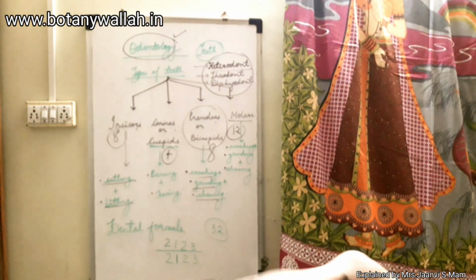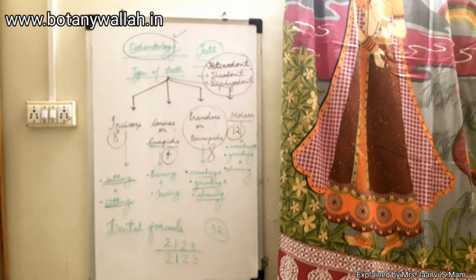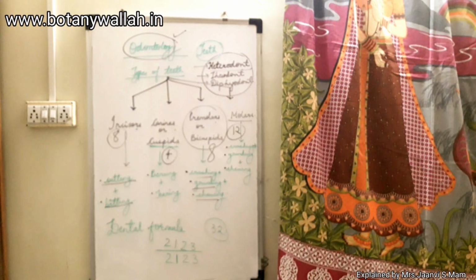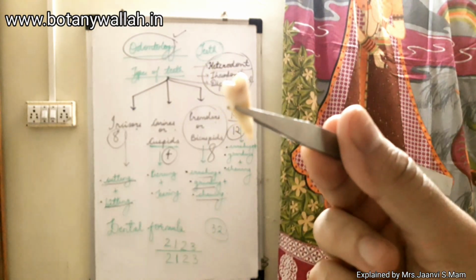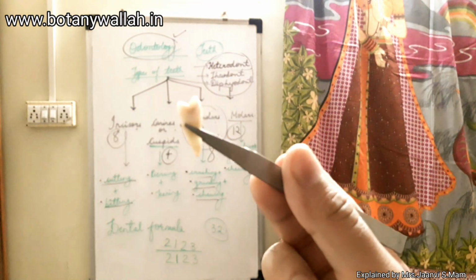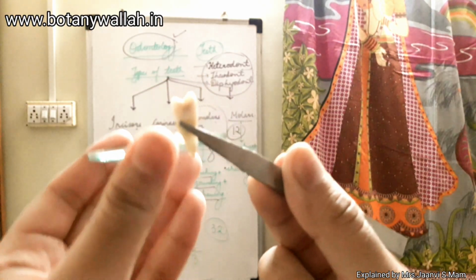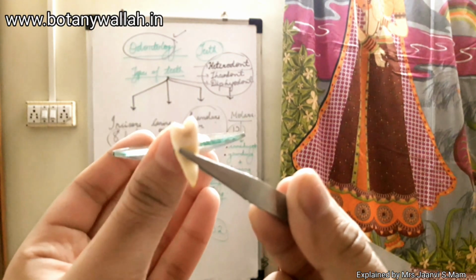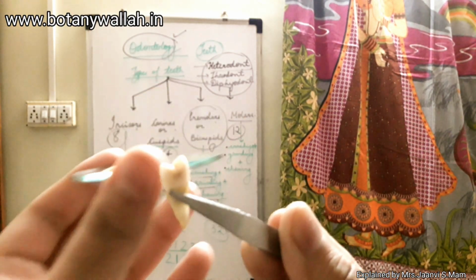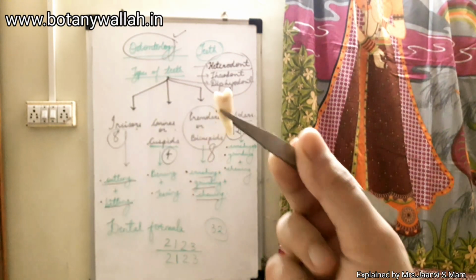Lastly, I will show some teeth, I have some here. So let us take this. This is a tooth. It has only one root, but can you see that it has two points? So this is a premolar.